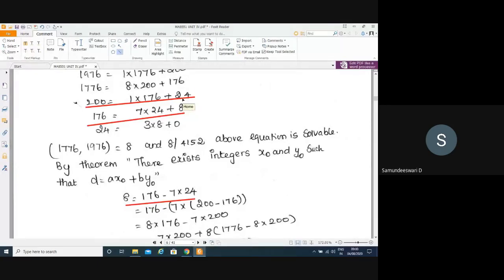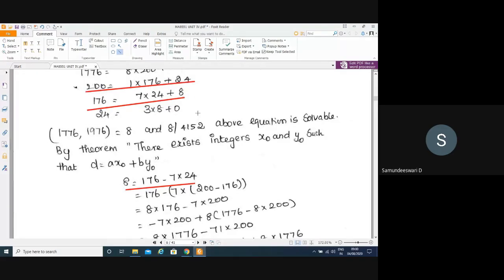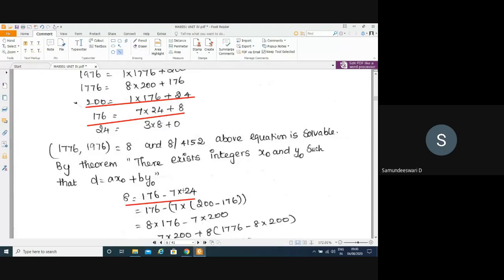So 24 is equal to 200 minus 1 into 176. In the place of 24, I'm going to replace 200 minus 176. It is only the reverse procedure. So first 8 equal to 176 minus 7 into 24, and again I'm replacing 24 equal to 200 minus 176.